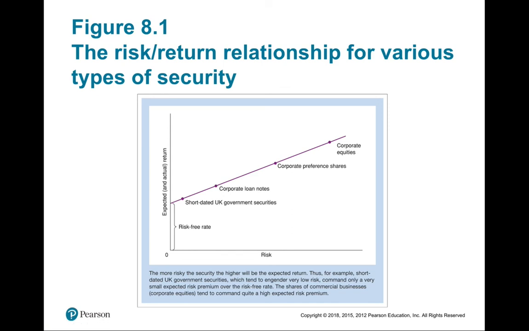So large corporations such as Microsoft, Vodafone, Barclays, Amazon, they issue their own debt finance to raise funds. But when they issue their own debt, again, there is a legal obligation to make interest payments associated with that debt.